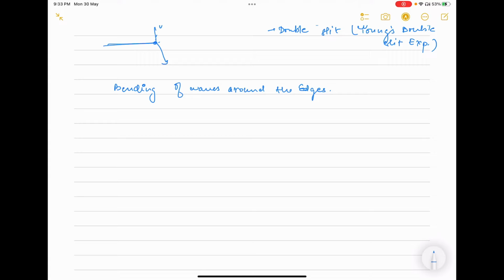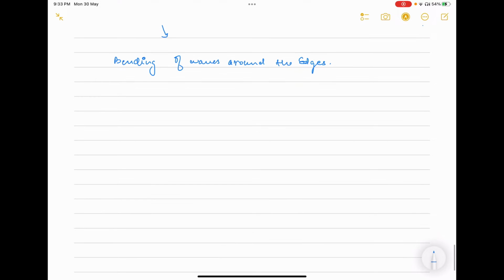Now, when a wave encounters a slit, this leads to intensity in the geometrical shadow regions. Whenever you have a slit, there will be edges, and these can bend the wave.